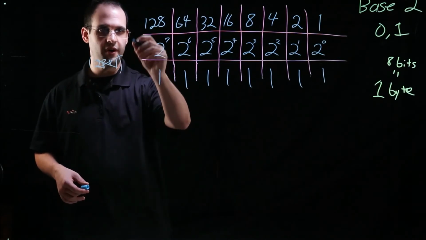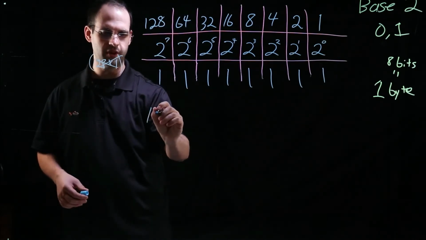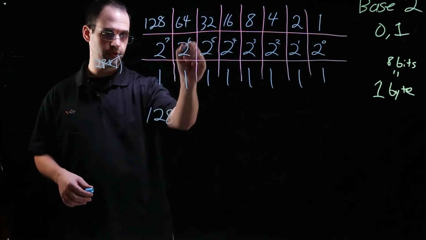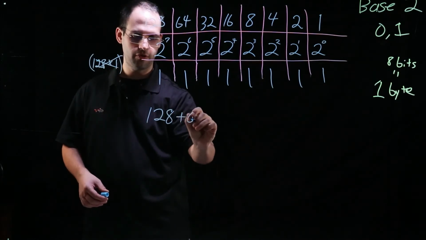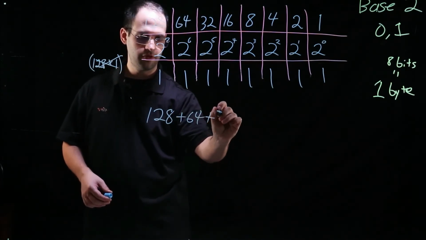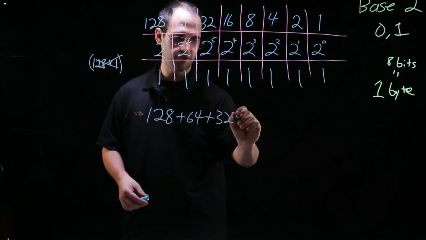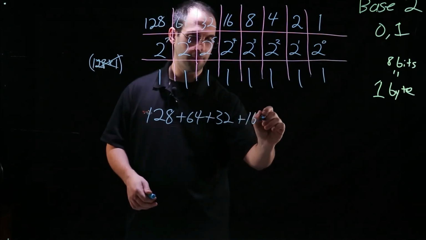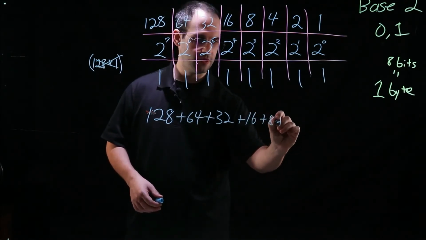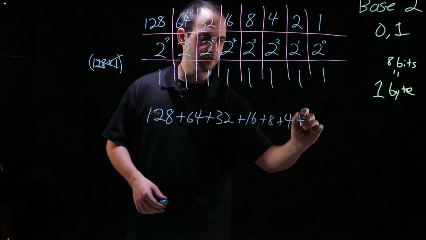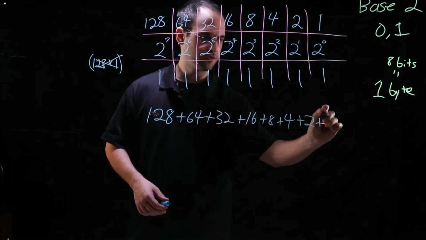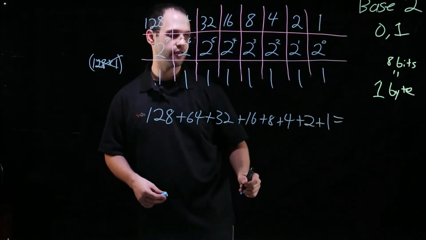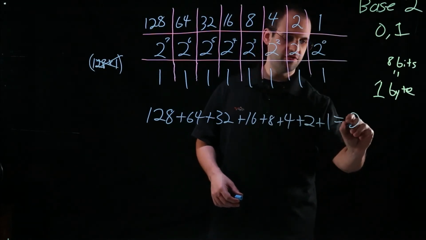We can just say, if there's a 1 in this column, we're going to use it. So 128, plus 64, plus 32, and you see where this is going, plus 16, plus everything, plus 8, plus 4, plus 2, plus 1. I'm going to spare you all the math here, and we're going to say it's 255.